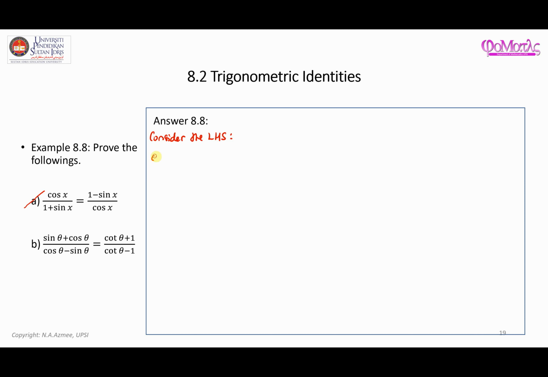So here we have cosine of x over 1 plus sine of x, and I'm just going to turn the denominator here into a simple fraction. We don't want to have an addition process. As you can see from the right hand side here, we only have a simple term, which is cosine of x.